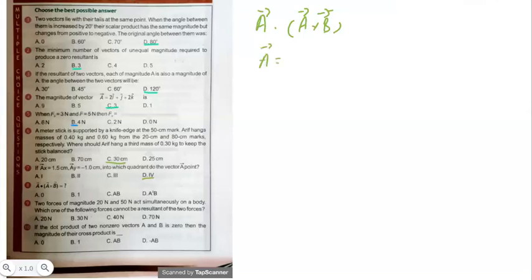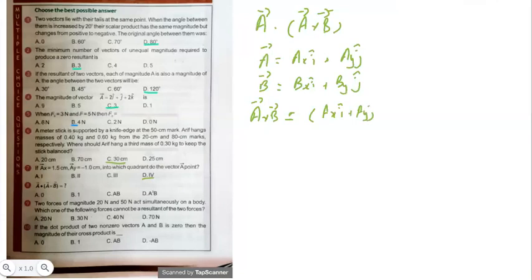Vector A as AXI plus AYJ and vector B as BXI plus BYJ. So when you take the cross product of these two vectors, you have to take the cross product of AXI plus AYJ with BXI plus BYJ.